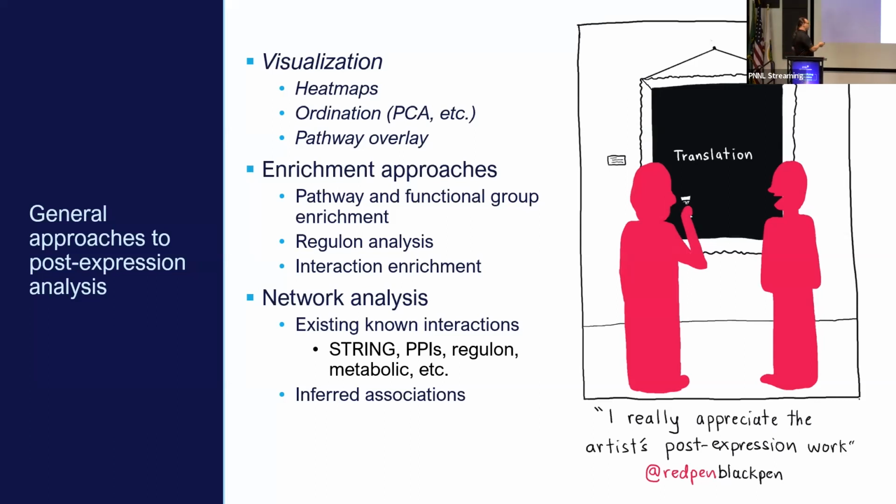And the other way, which I'm going to talk a little bit more about, is you can infer associations using statistical patterns, or using statistical associations between the patterns of the genes that you might have. Again, the example where you're looking at a variation of temperature, you can see which genes are co-affected by temperature in the same way. This would be something like what I was explaining for the heat map, but we can get a little bit more detailed with it if we're looking at a network approach.